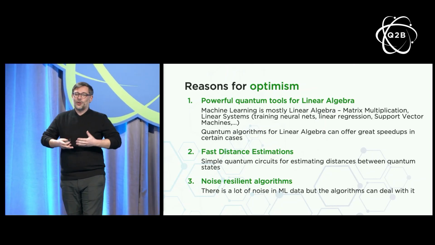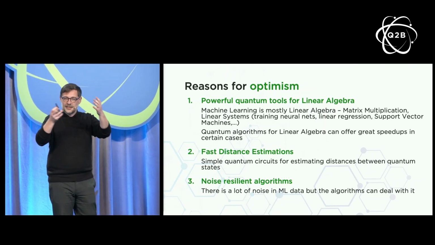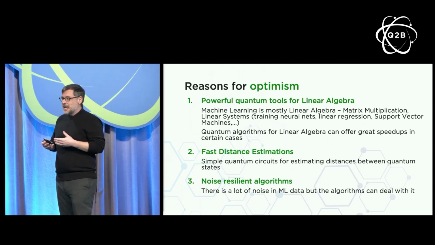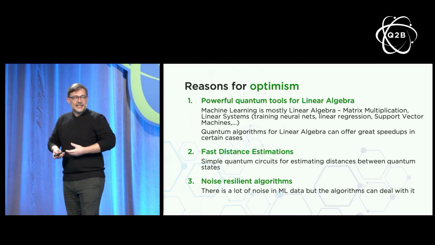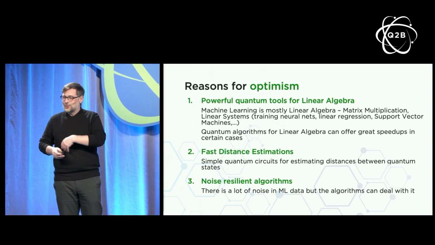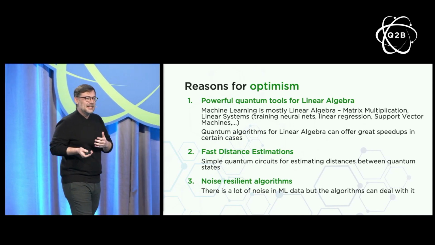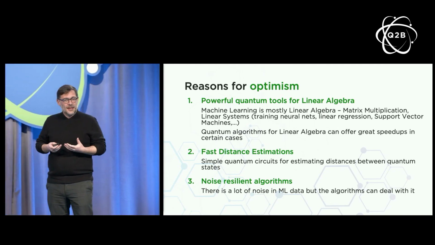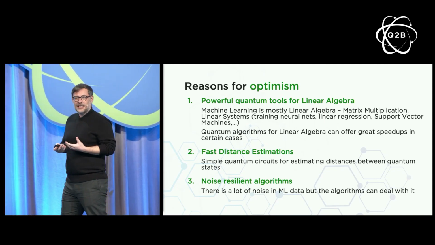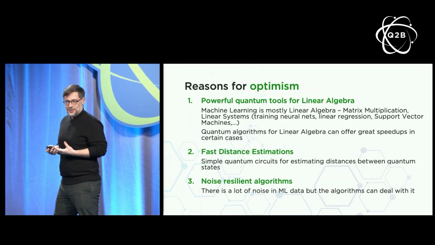If you want your autonomous vehicle to be able to recognize the signals and the signs in the street, it has to do it in a way which is extremely resilient to noise. It could be raining, it could be lightning, it could be day, it could be night. So we already have a lot of noise in our data, but nevertheless, the machine learning algorithms can actually deal with this noise. Okay?